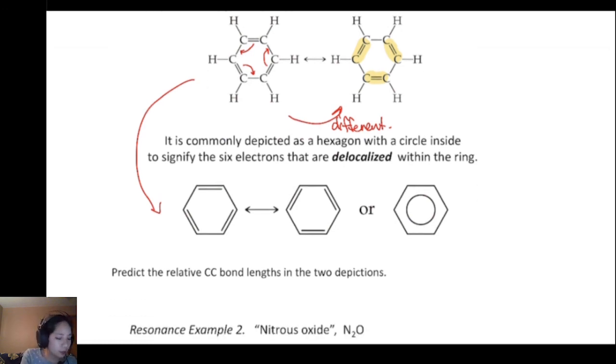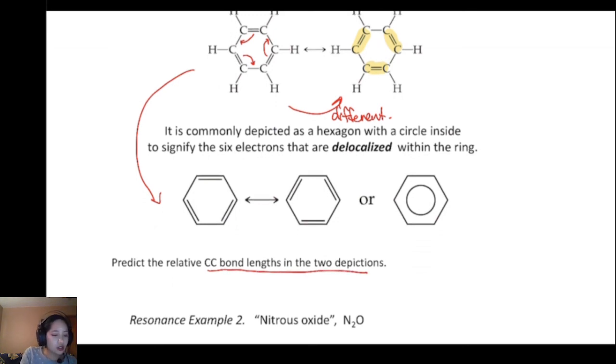So here I have predict the relative carbon-carbon bond lengths in these two depictions. So in the left depiction, we know that double bonds are shorter than single bonds. So single bond is longer. So if the left depiction was the actual structure, we would see a long bond, then a short bond, then a long bond, then a short bond, and it would alternate.